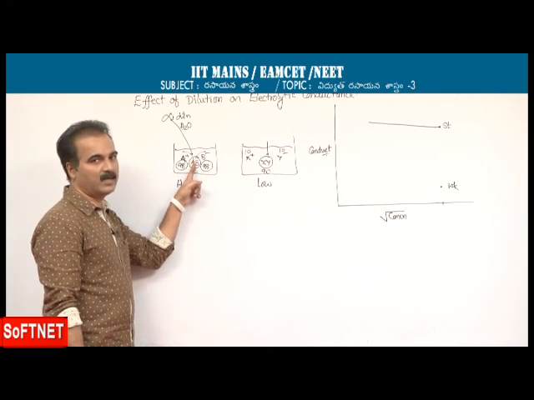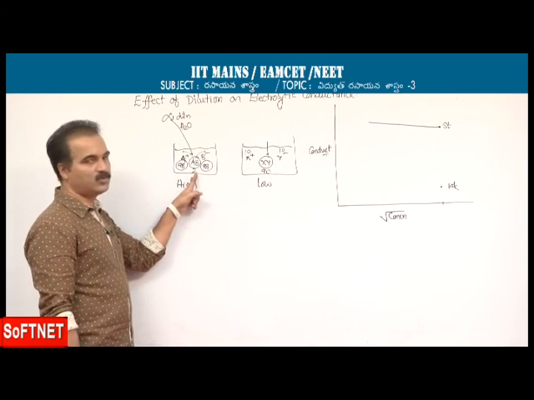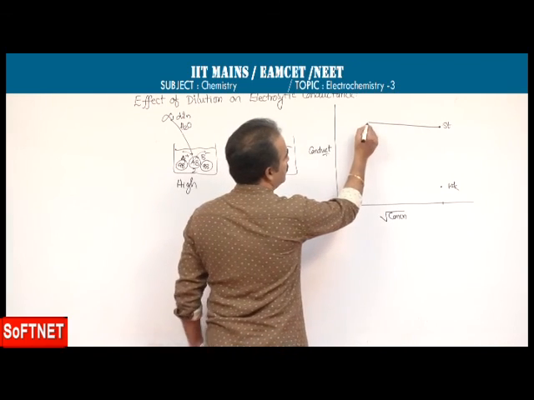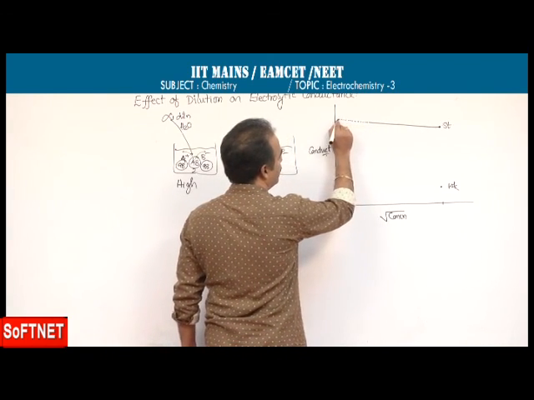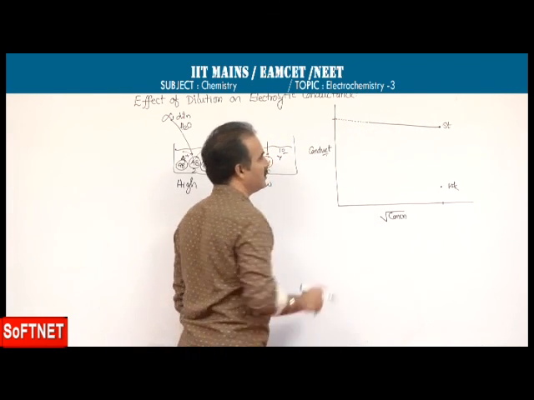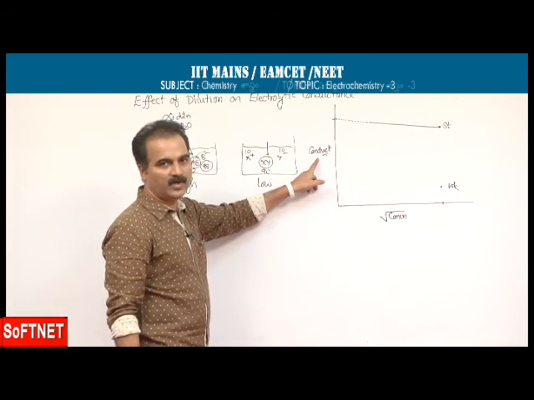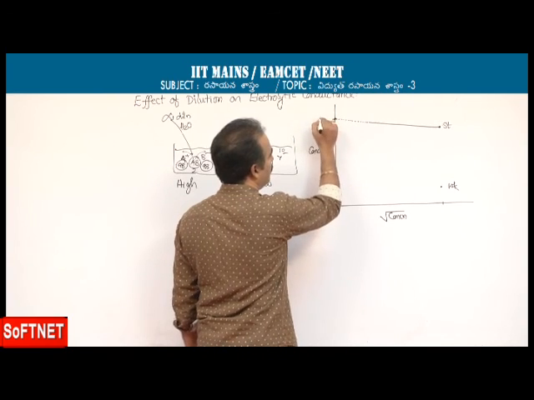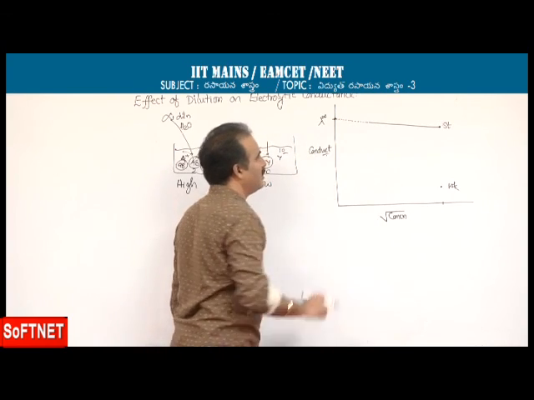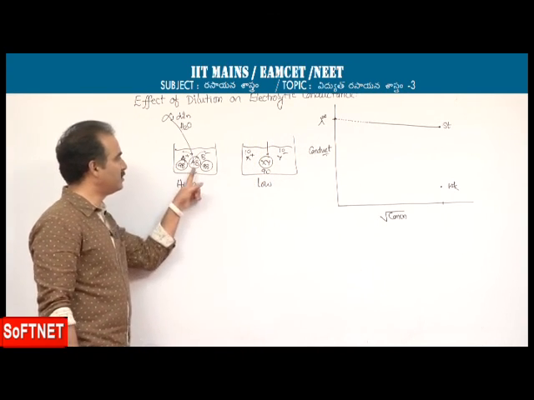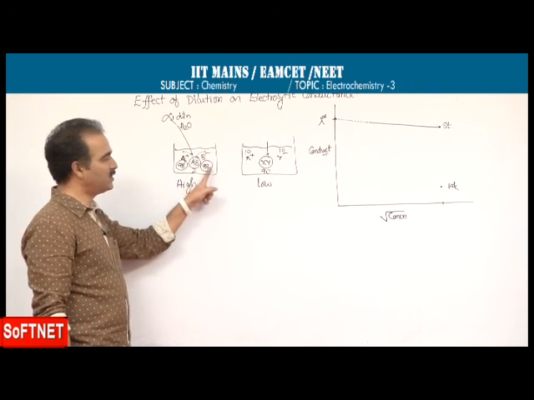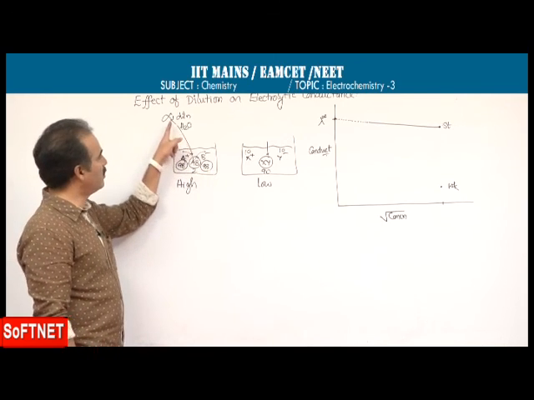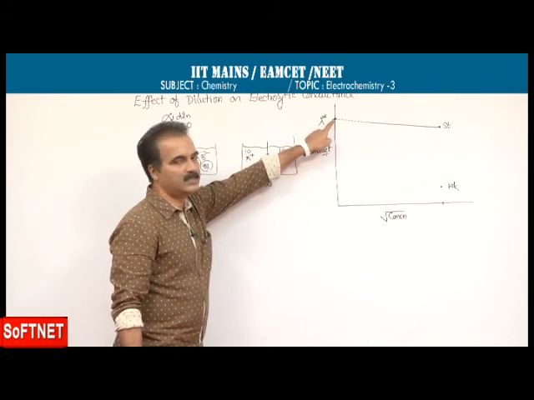If you extrapolate that line, it will intersect the conductance axis at one point, which is called lambda infinity, the conductance at infinite dilution of a strong electrolyte. It is maximum, that is here.